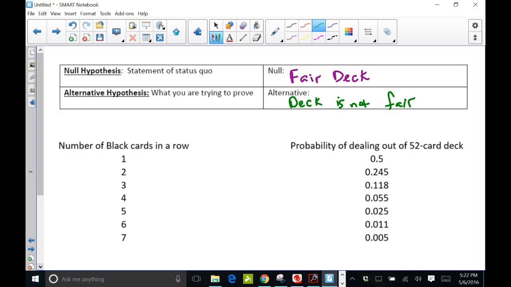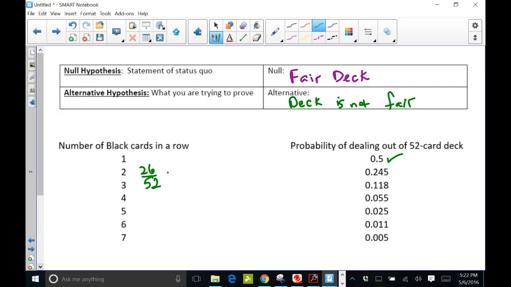So when you picked out the first black card, its probability of being black was 26 out of 52, or 0.5. Now, at this point, I went to the second person and they picked a card. If you think of their probability, the first person picking a black is 26 out of 52.